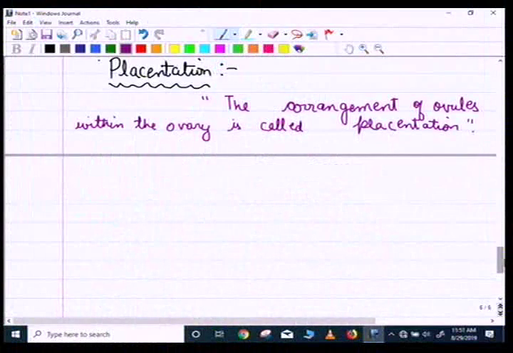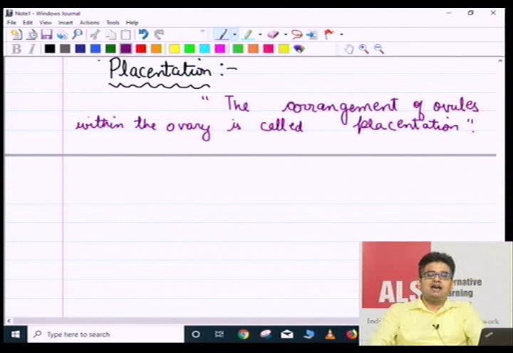But when you come to the angiosperms, now there is a problem. The ovules should be protected because the ovules have a lot of nutrition. So this nutrition can be stolen by the predators. By predators I mean herbivores, not the ferocious predators. It can be eaten up by animals.